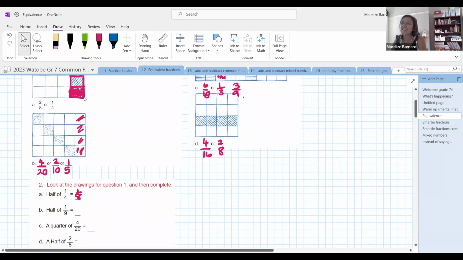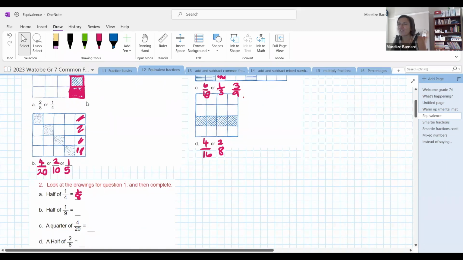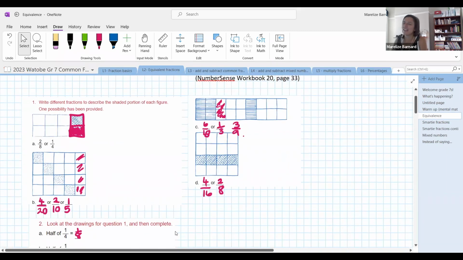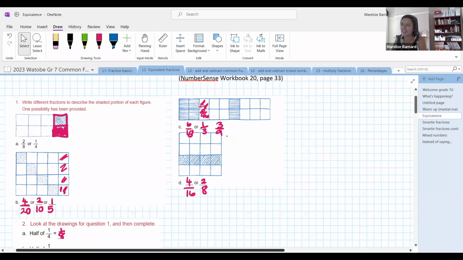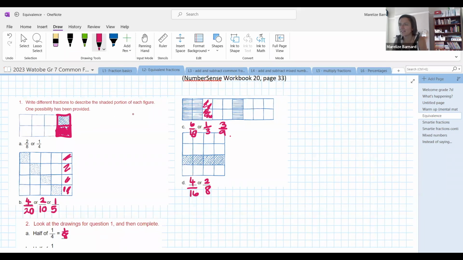All right, now we go to the 9ths. Half of a 9th. Okay, so let's go over here where we had the 9ths. 1, 2, 3, 4, 5, 6, 7, 8, 9, 10, 11, 12, 13, 14, 15, 16. So these were 18ths.